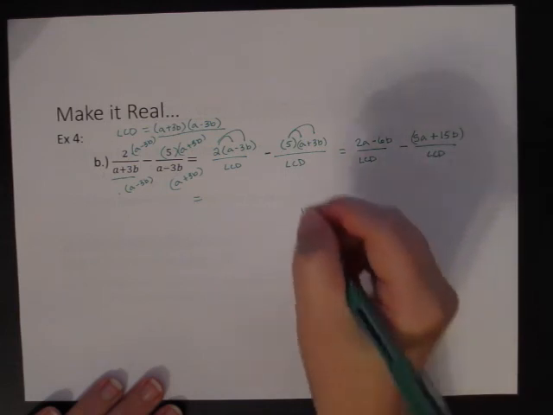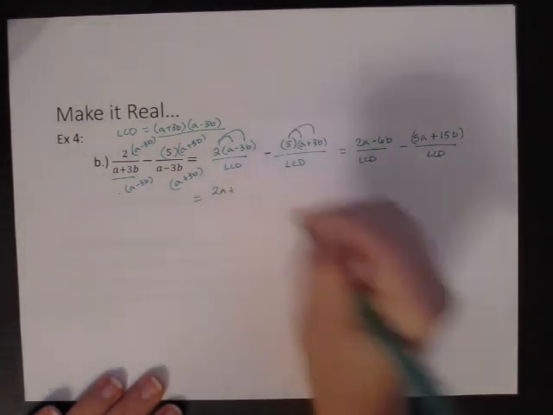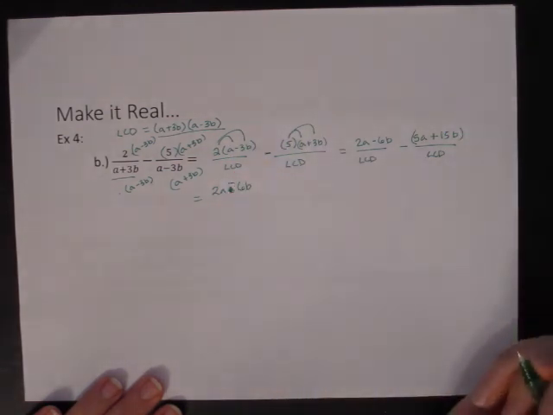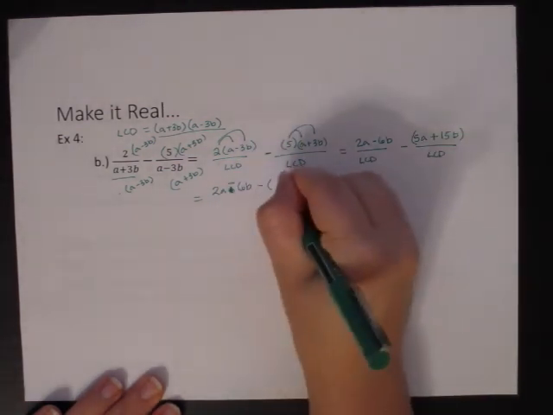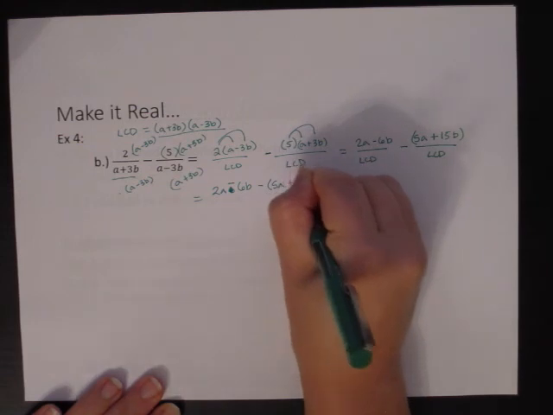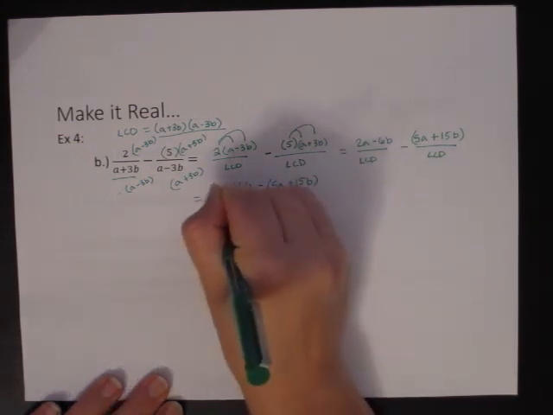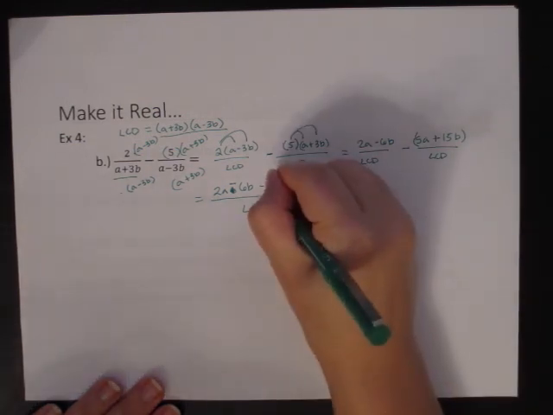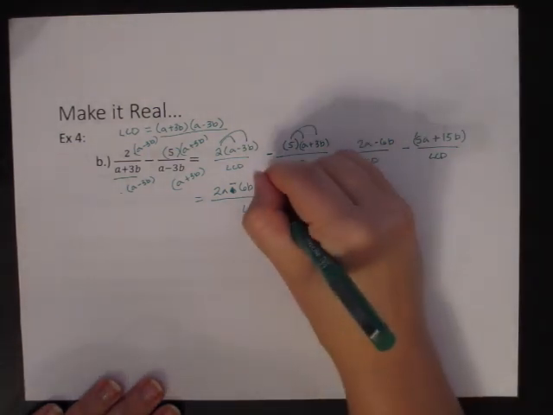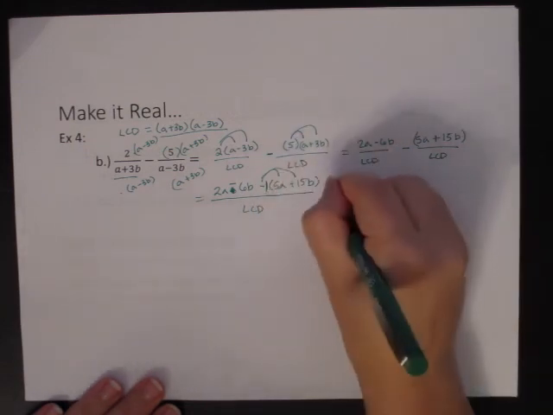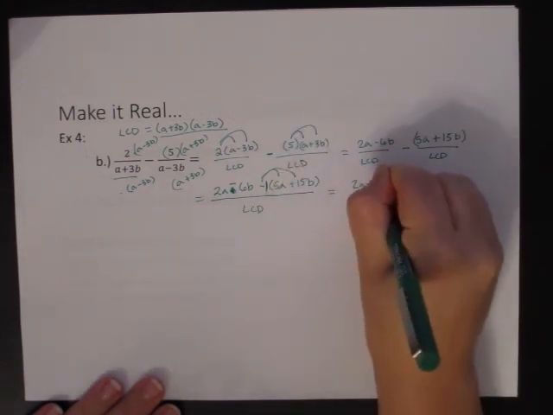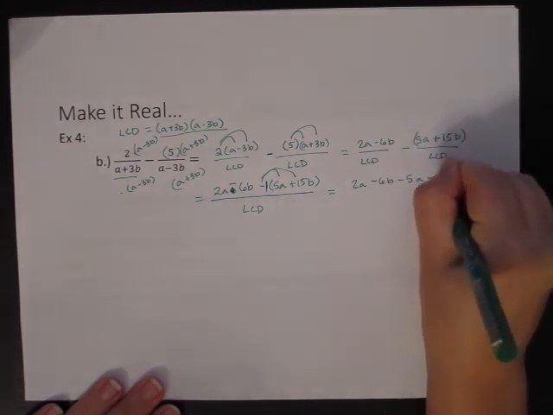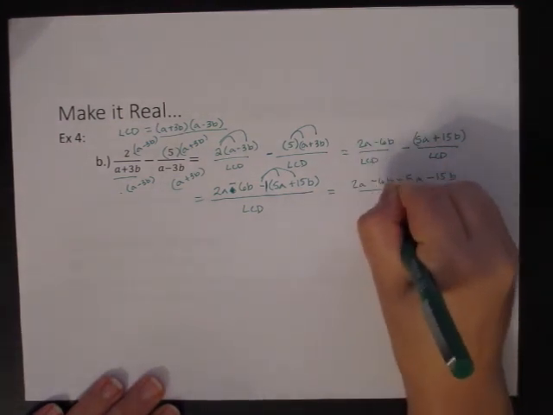So now I'm going to put it together, and I'm going to go 2a minus 6b minus, in parentheses, 5a plus 15b all over LCD. And now I've got to distribute this -1. So I've got 2a minus 6b minus 5a minus 15b over LCD.